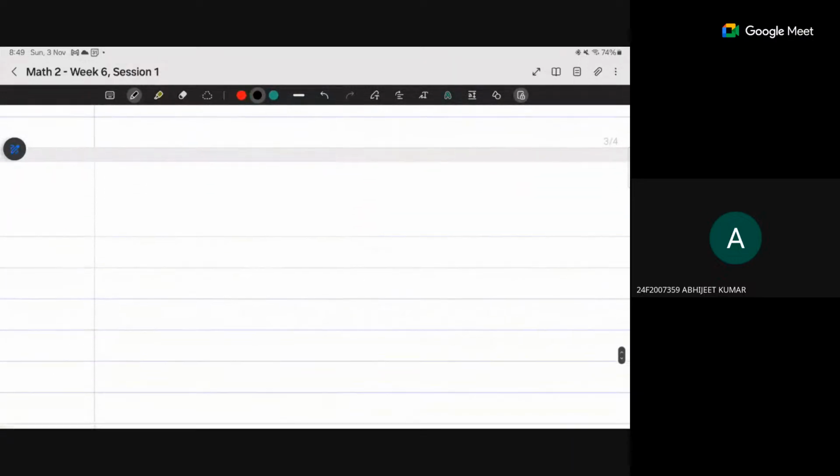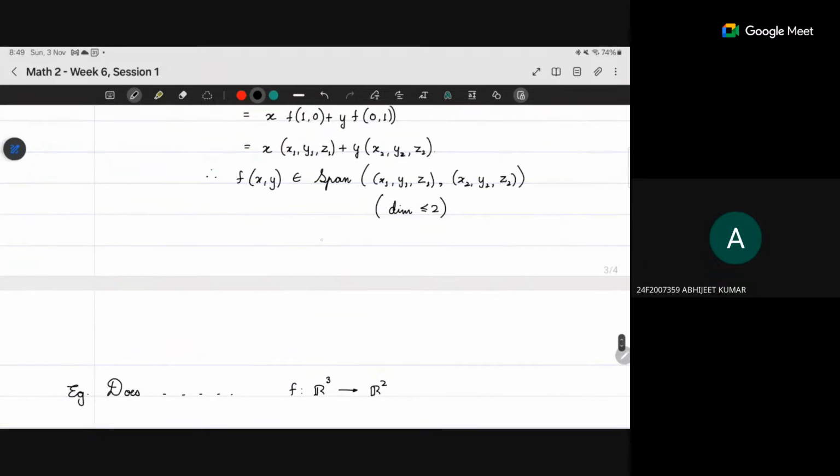So what is the next natural question? Does there exist a linear transformation f from R3 to R2? Here, let's just note that surjectivity fails. Surjectivity is onto, by the way.